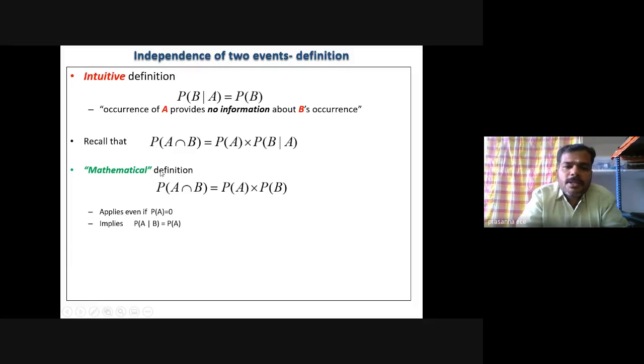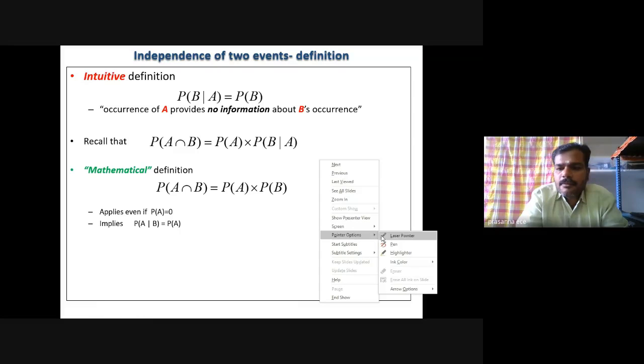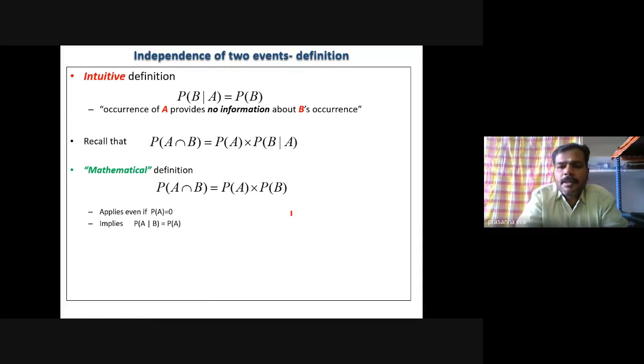The advantage of defining independence by this method is that it applies even if either of the two events has zero probability. This also implies P of A given B is equal to P of A. This is a very proper mathematical definition of independence.